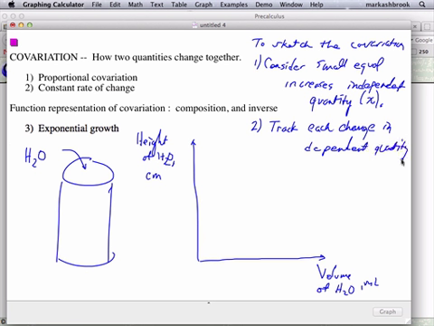We can ask questions like, does the dependent quantity increase when we add a little bit of our independent quantity? Does it decrease?